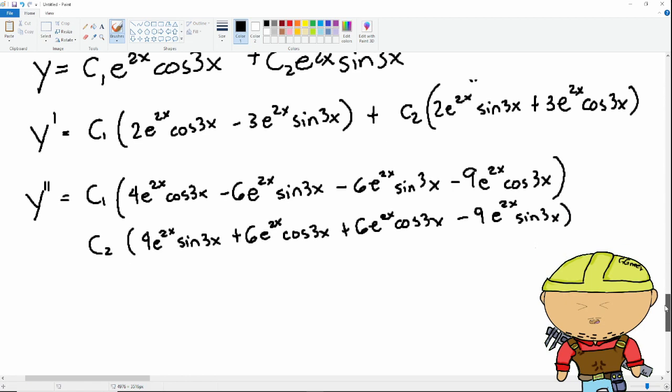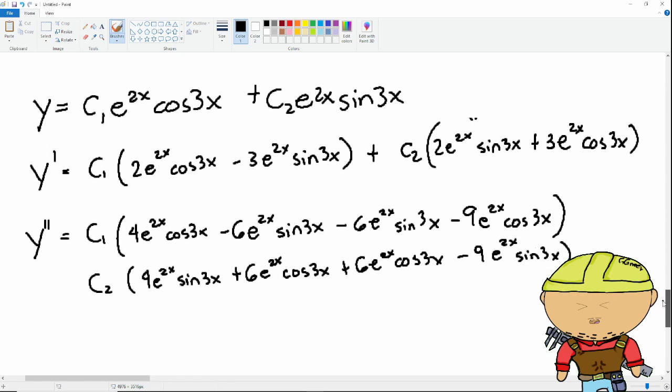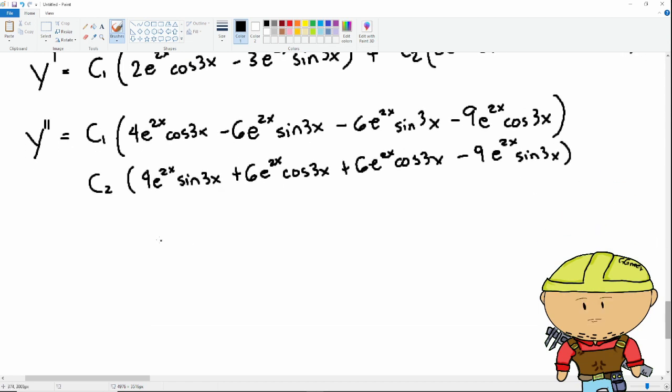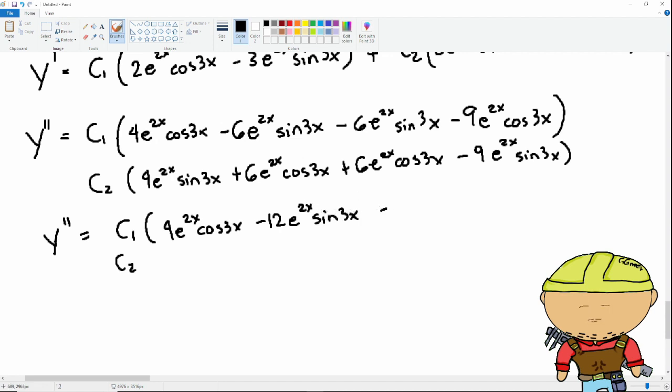Now we can see that there's a lot of terms. I'm seeing e to the 2x cosine 3x, and e to the 2x sine 3x. I'm going to simplify y double prime first. Y double prime is equal to C1 times 4 e to the 2x cosine 3x, negative 12 e to the 2x sine 3x, minus 9 e to the 2x cosine 3x.